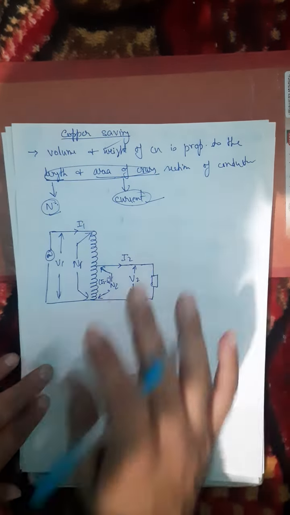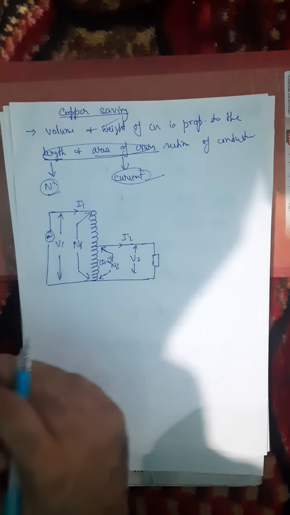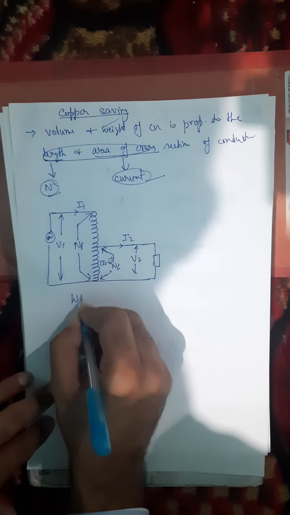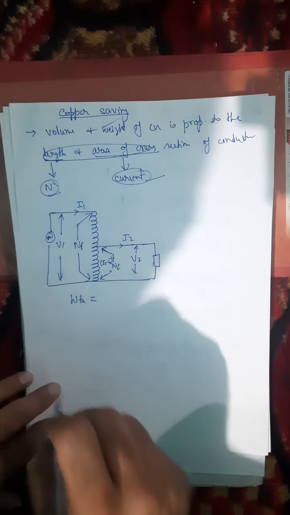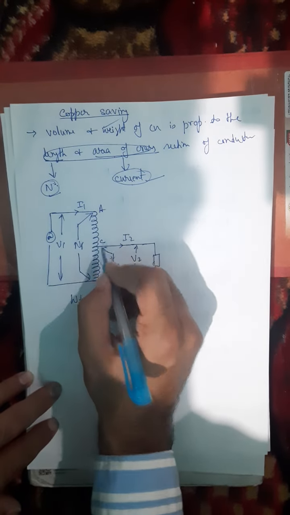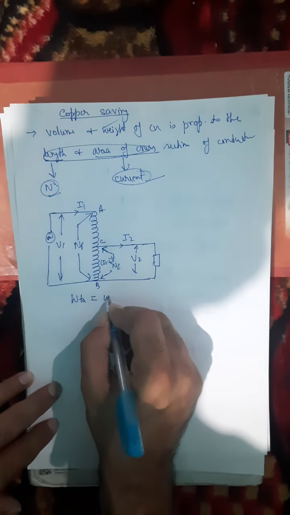Got it? So in this transformer, let us determine the weight of the auto transformer. Here I am saying that the weight of the auto transformer depends upon the weight of the copper in the winding AC and the weight of the copper in the winding BC.